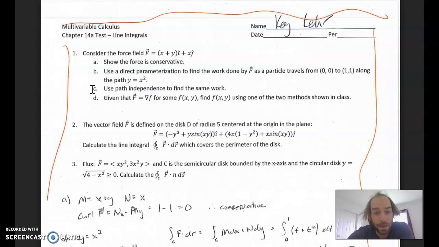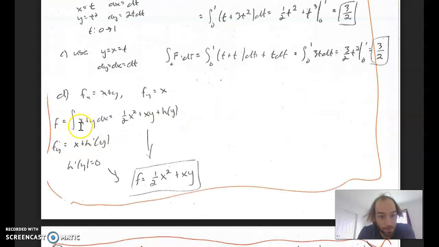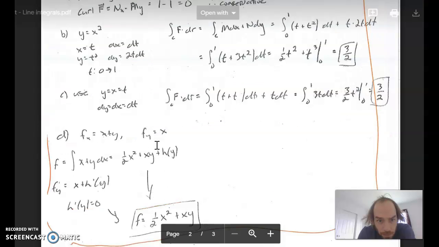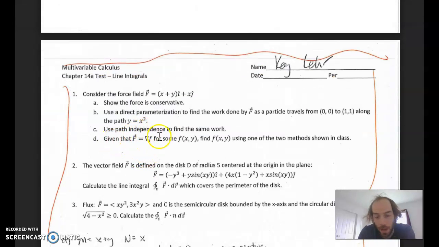So I'm using FTC for line integrals in this case, fundamental theorem of calculus, not second. So I take that back, I'm incorrect. I'm just asking you to find the function that would have come from.